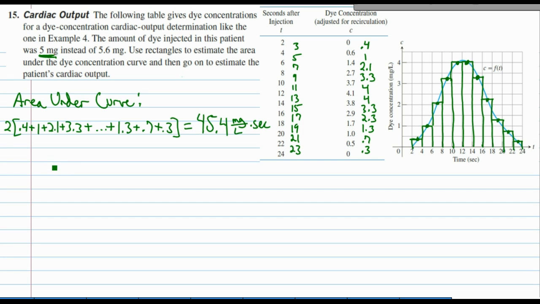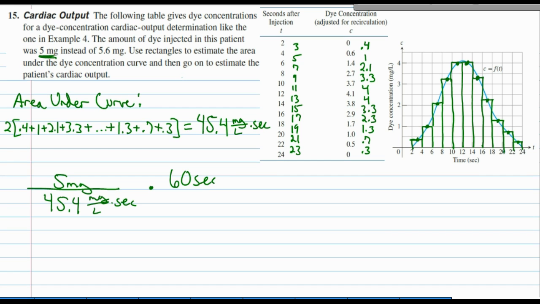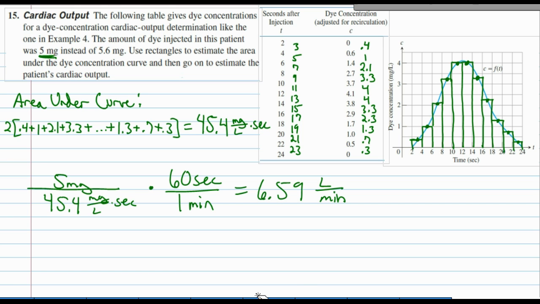I'm going to take the 5 milligrams that we used this time, divided by the 45.4 milligrams per liter times seconds, but that's only going to get me liters per second. I want liters per minute, so I need to multiply by 60 seconds in 1 minute, which gives me that this person's heart is outputting about 6.59 liters of blood per minute.